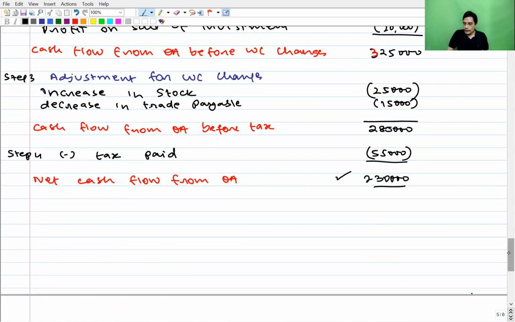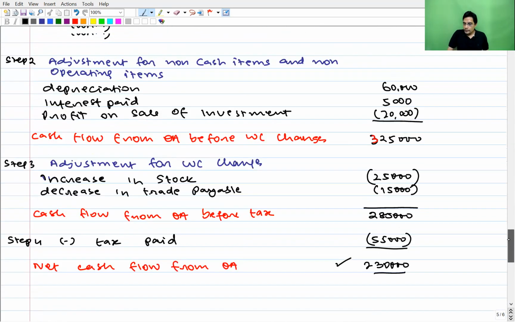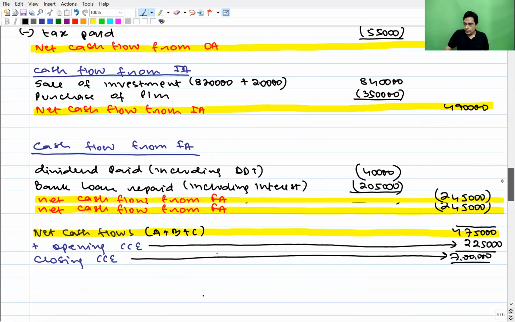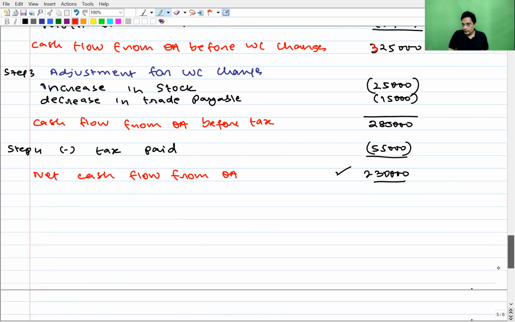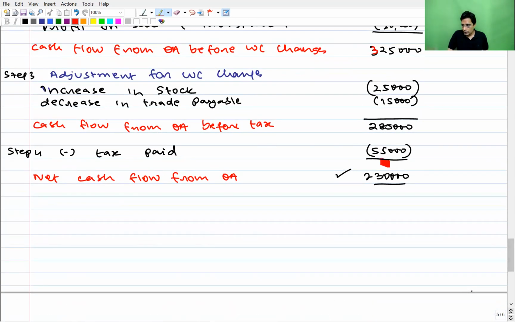We got an answer of 2,30,000 under the indirect method. Same answer we have got under the direct method. So both the methods ultimately give the same answer, but the way we calculate the answer is different. Here also we got 2,30,000 under direct method, and here also 2,30,000 under indirect method.